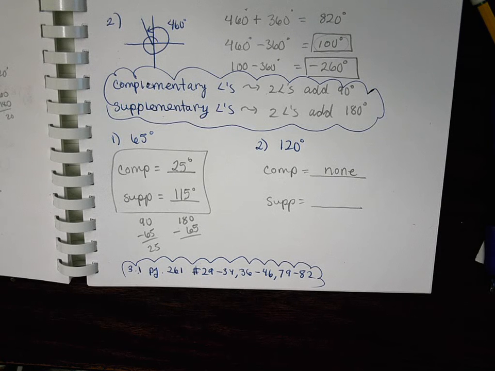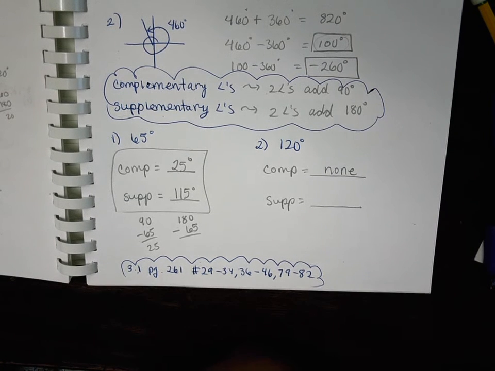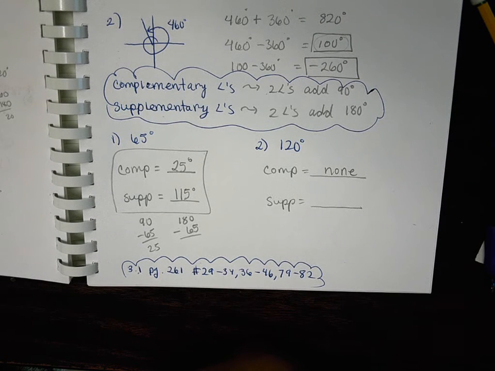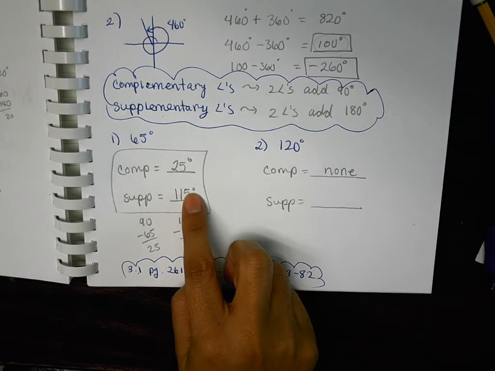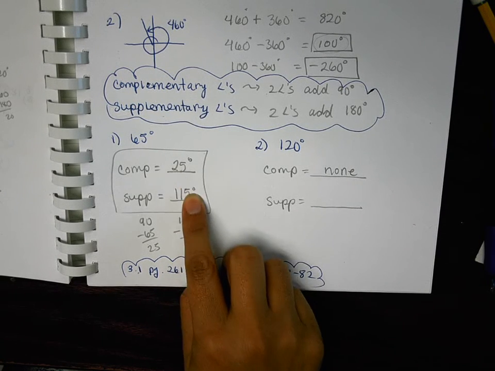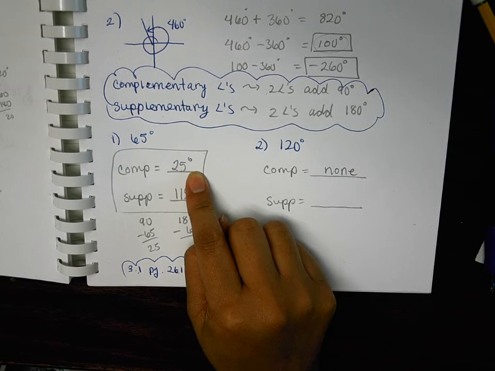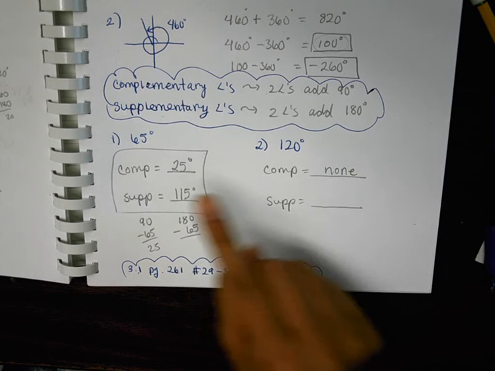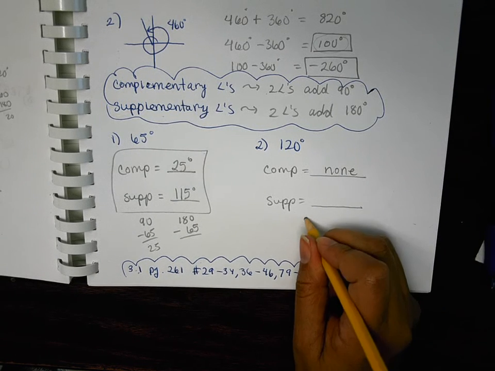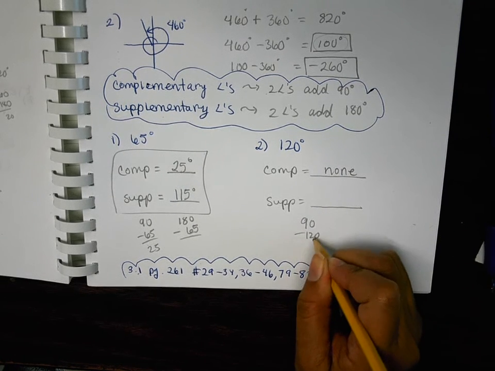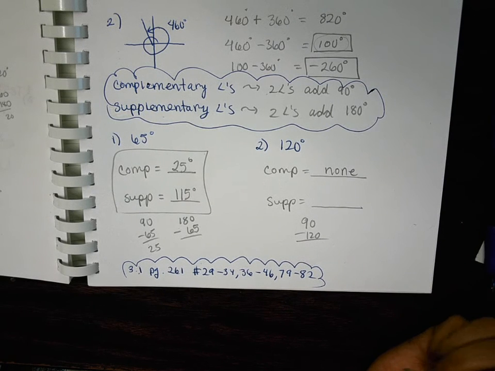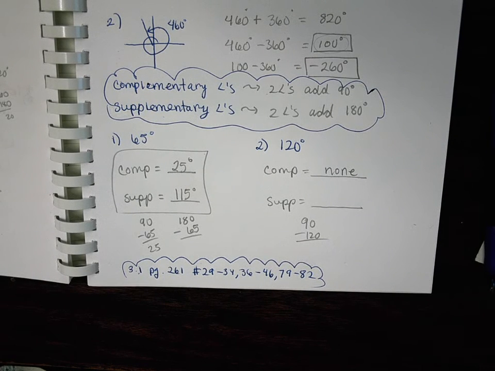Yes. These answers need to be positive. So when you do 90 minus 120, you get a negative answer. The 90 plus nothing positive will equal 120. So basically anything over 90 will have no complement, and anything over 180 will have no complement or no supplement.